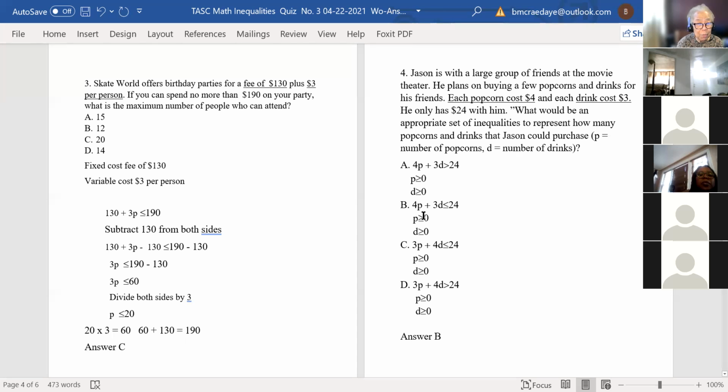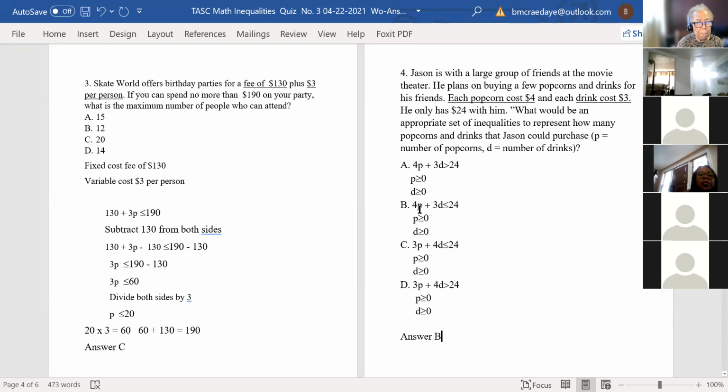No, what could you put for P and D and get something less than or equal to 24? What could I put for P and D? Yeah. I would put 12. 12 for P, number of popcorn?